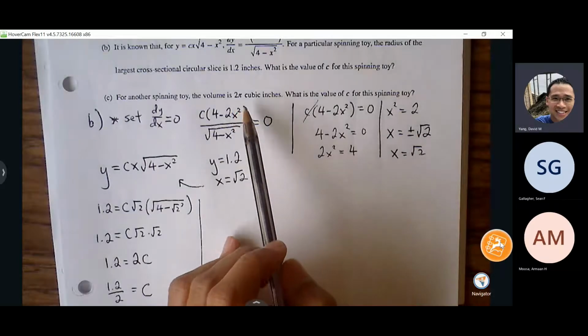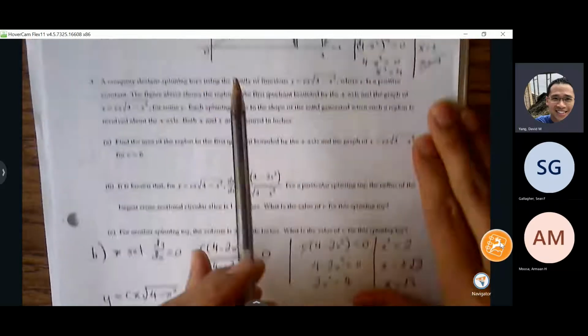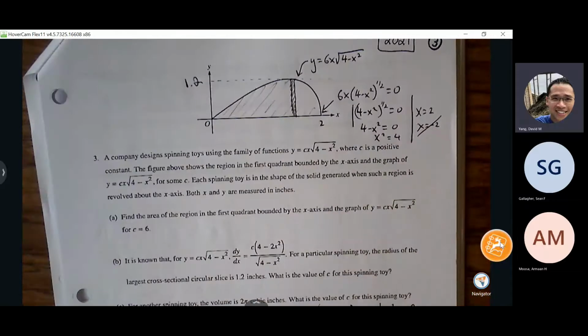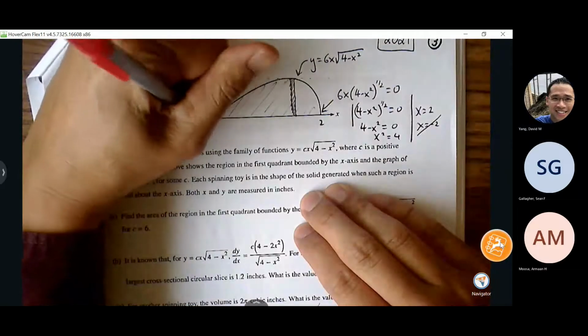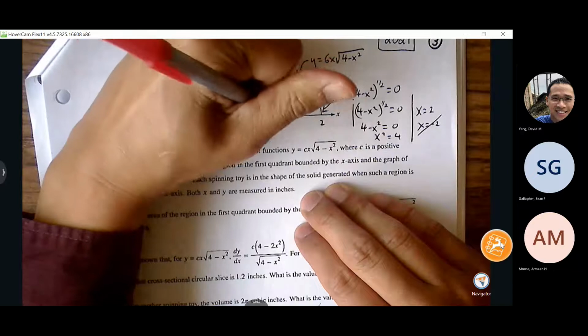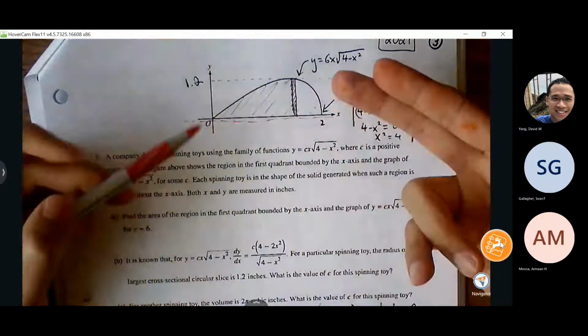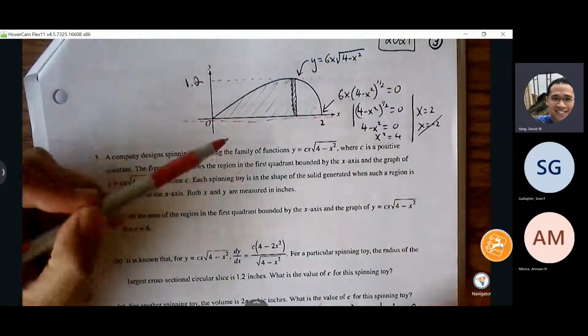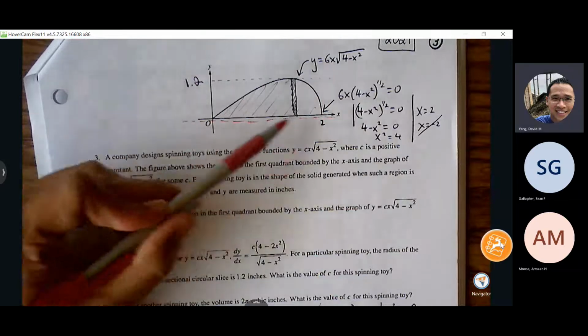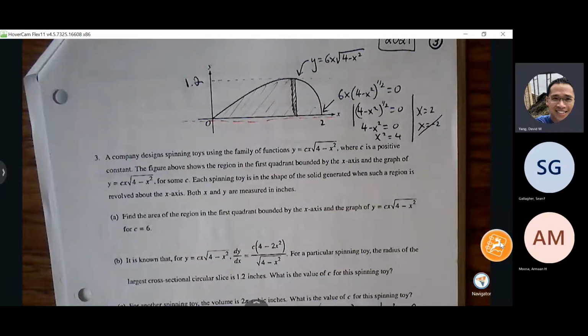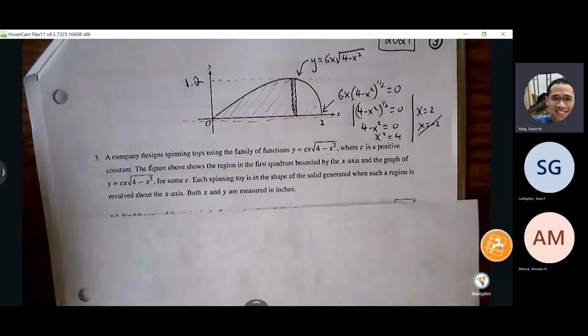Okay, so we're talking about volume here. We're rotating this about the x-axis. So that rotation, we know there's no gap, so we know this is going to be this method, right? So part C, start off with that knowledge.